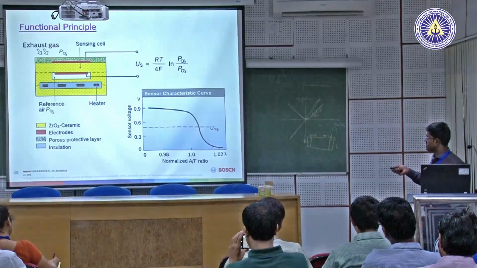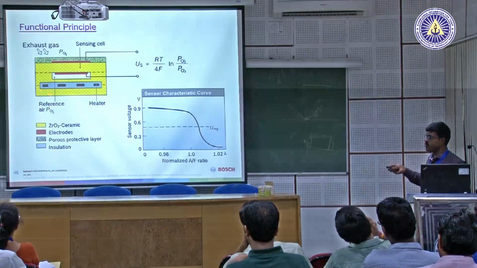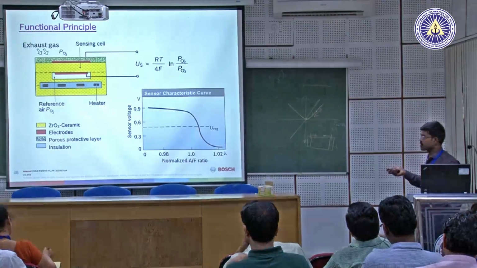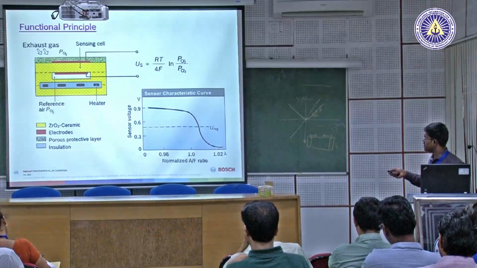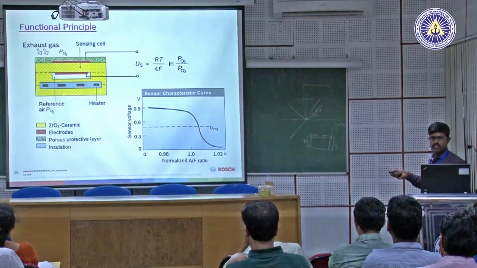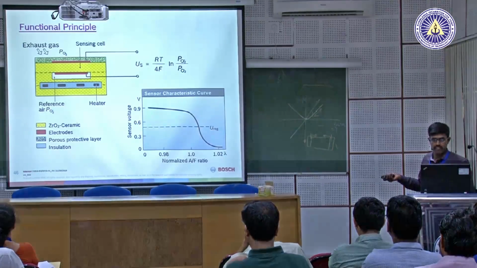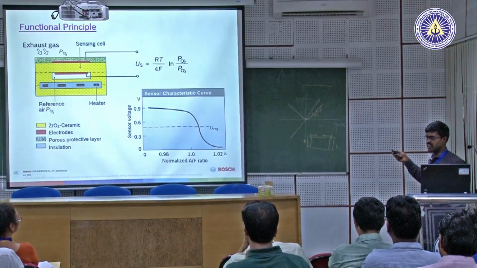How this is calculated: again, it is an electrochemical principle that we use here. You can see this yellow part is a ceramic. It is the type of ceramic the sensing element is made of: zirconium dioxide doped with yttrium.